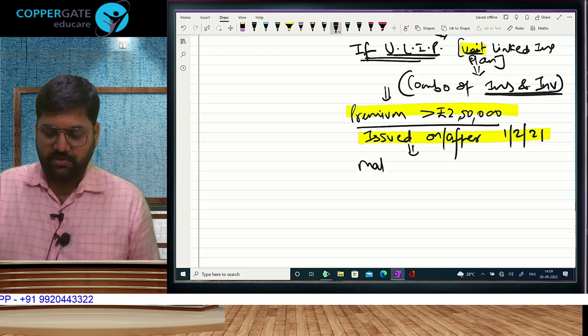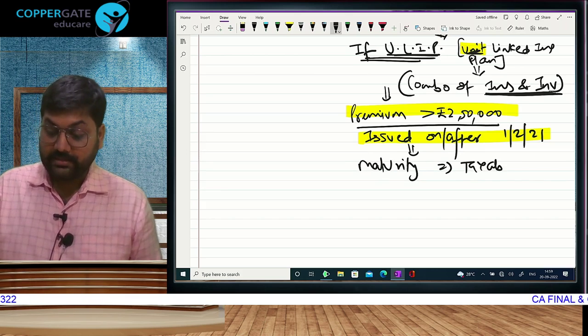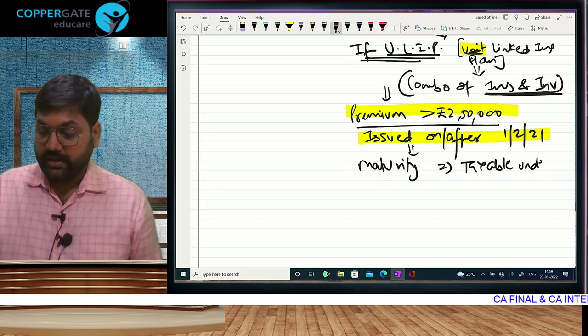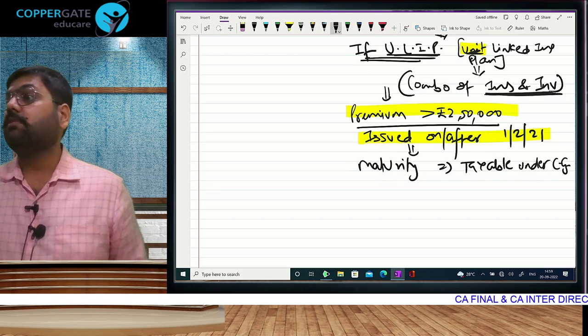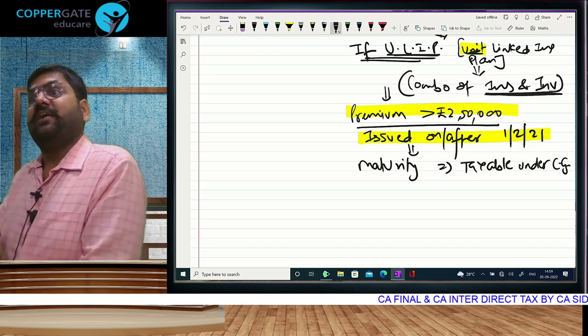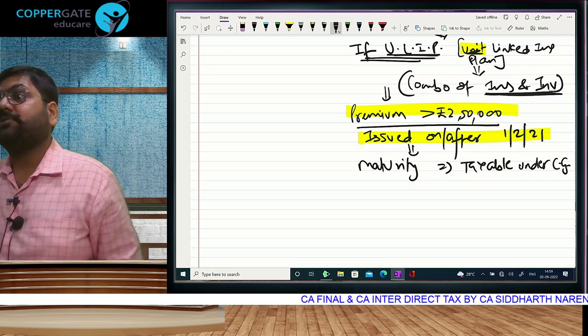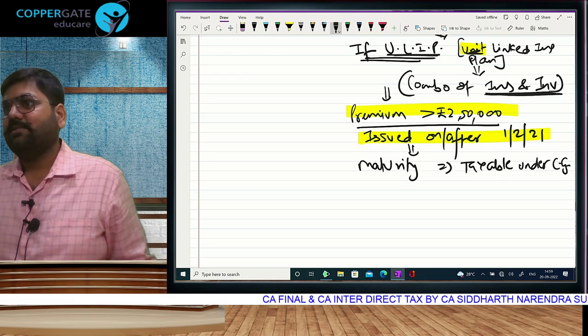So whatever is your maturity, that will be taxable. And as a clarification, they also said taxable under capital gains. Matlab, we will treat, listen carefully, without capital gain chapter also you will understand if you listen to me. We will treat that the insurance that you had purchased was a capital asset.